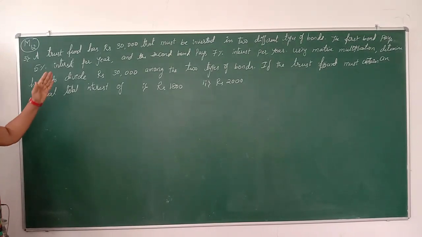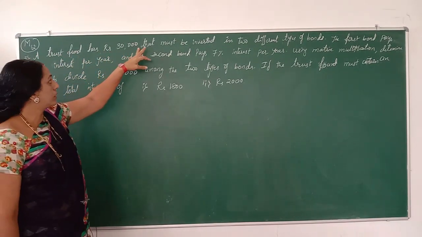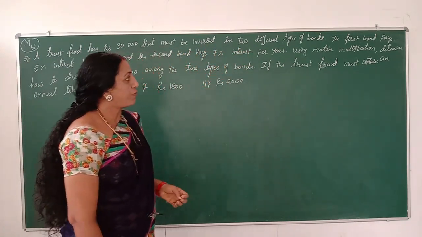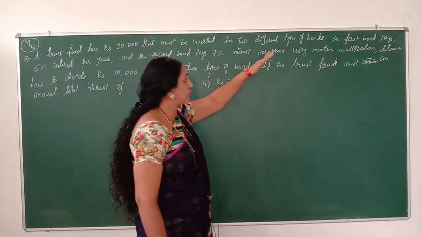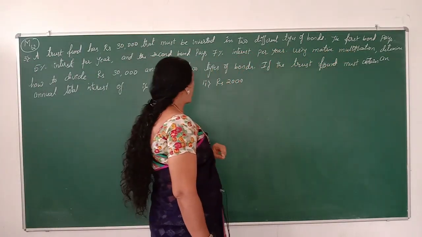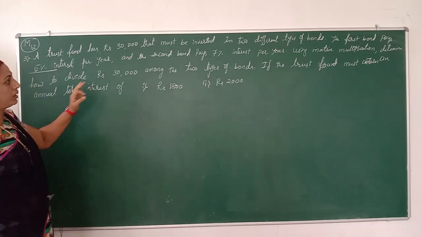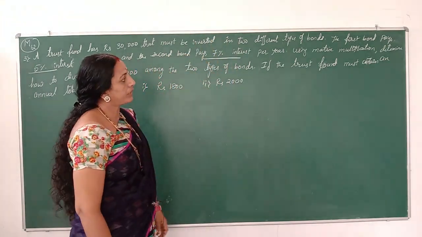Next one, it's one of the application problems. A trust found has rupees 30,000 that must be invested in two different types of bond. In total, the 30,000 amount can be divided into two types of bonds. The first bond pays interest of 5% per year and the second bond pays 7% per year.